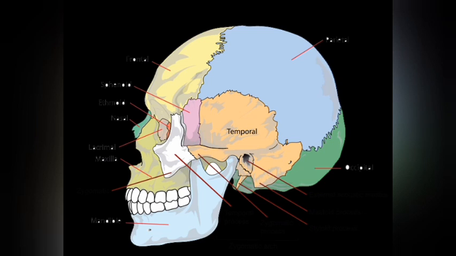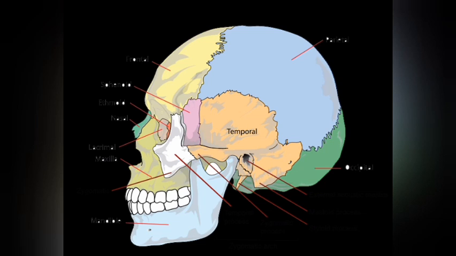So what bones make up the roof of the cranium? The roof of the cranium is also called the calvarium. So the bones that make up the calvarium are one frontal bone, two parietal bones, and one occipital bone.